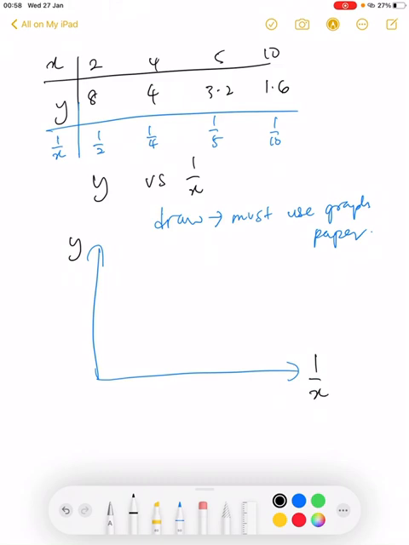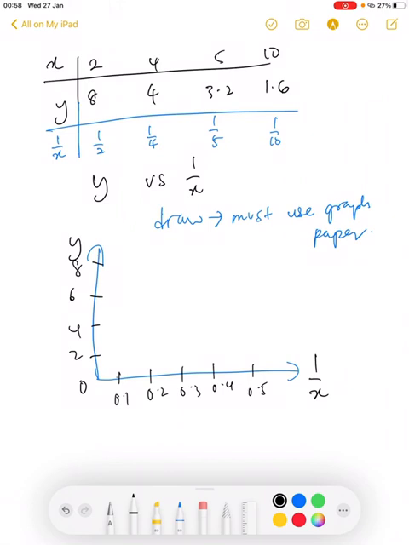The biggest y is 8, so 0, 2, 4, 6, 8. And for 1 over x: 0.1, 0.2, 0.3, 0.4, 0.5.